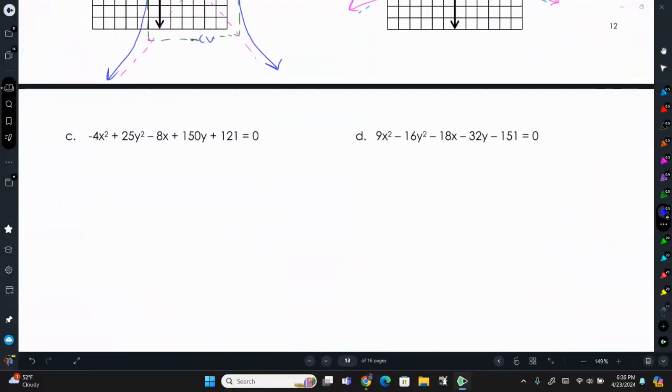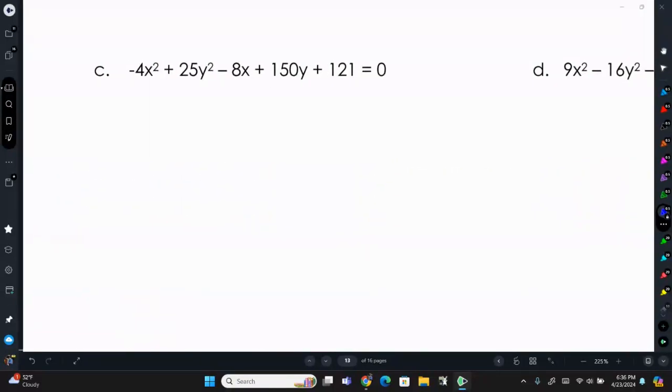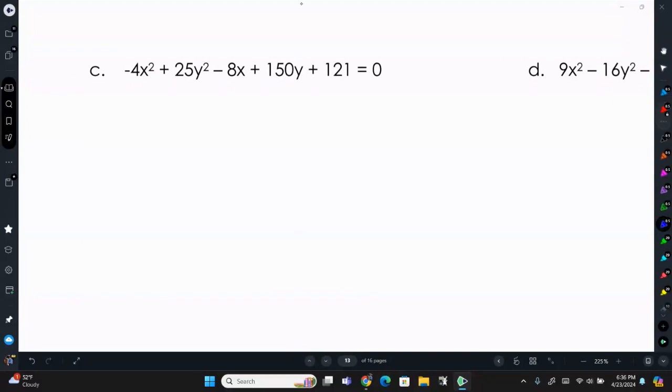All right, on to the next page. We got another one that we have to complete the square with, so I'm going to rearrange this to put the positive one first. So positive 25y squared plus 150y minus 4x squared minus 8x equals negative 121.